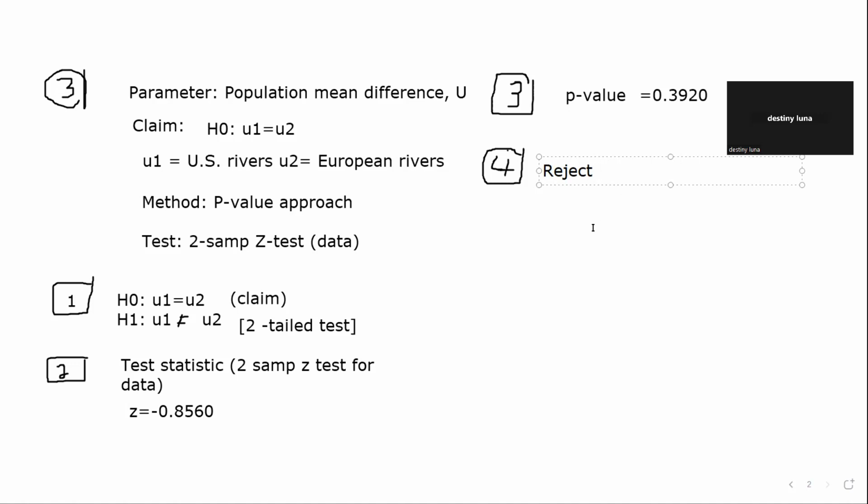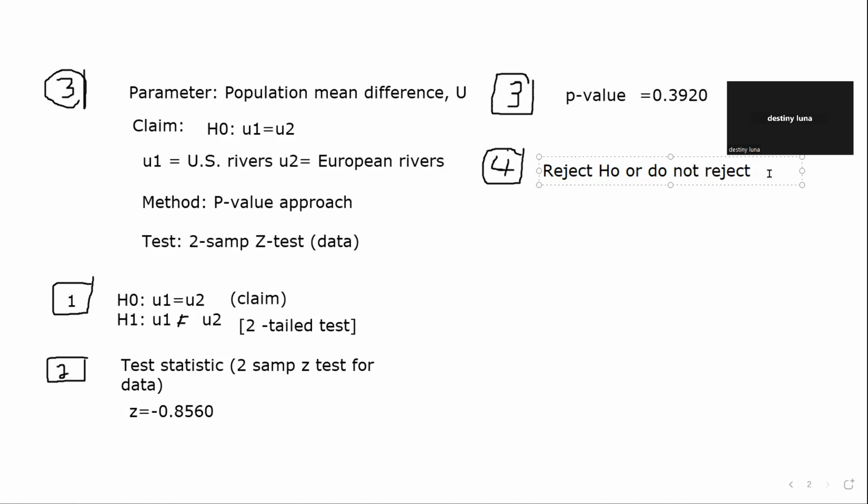Okay, let's try that. Reject H0 or do not reject H0.